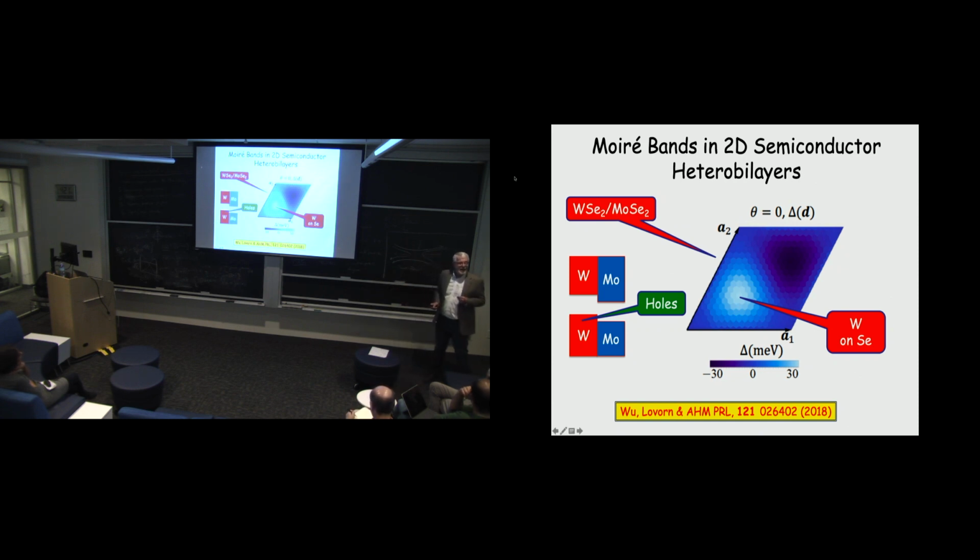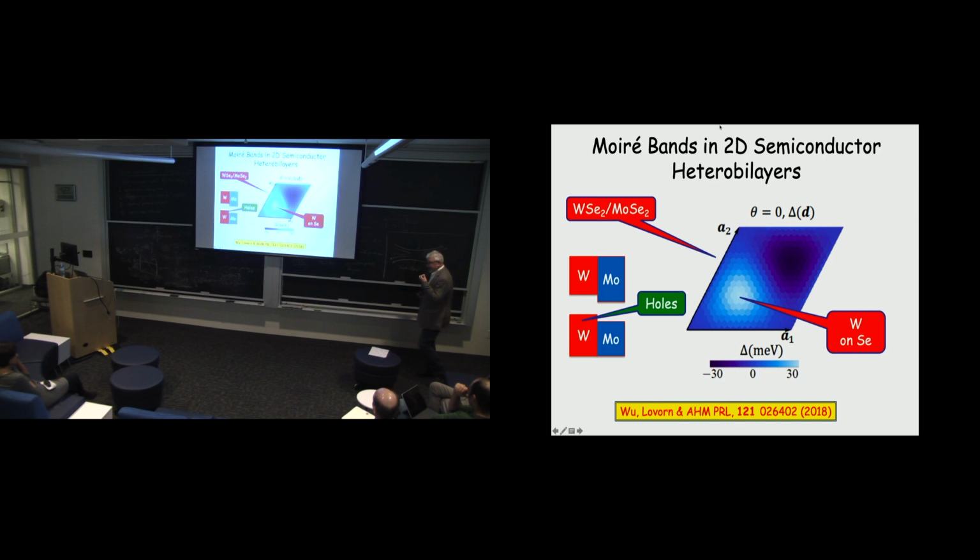But on the other hand, the way time reversal symmetry appears in this system is there's a state in one valley near a momentum where the valence band reaches its maximum, and it has a time reverse partner state which has the opposite momentum. It's in the opposite valley, and it has the opposite spin.